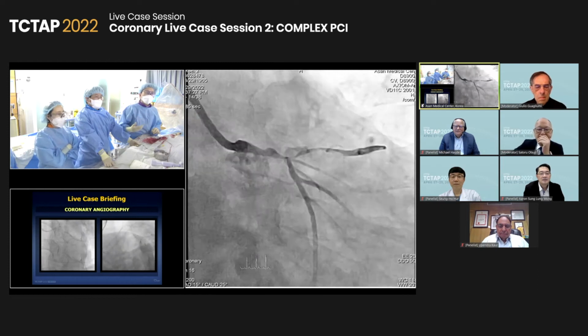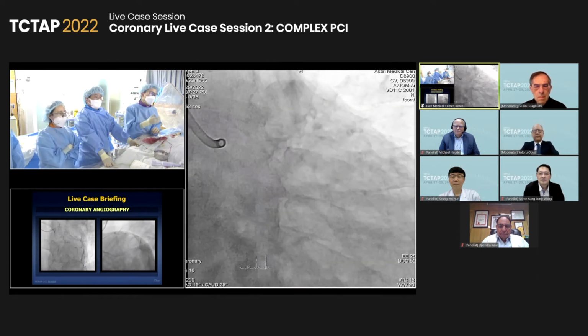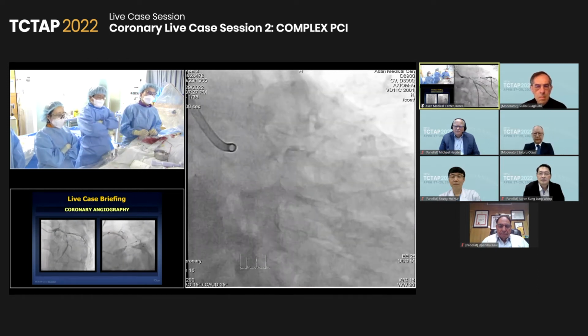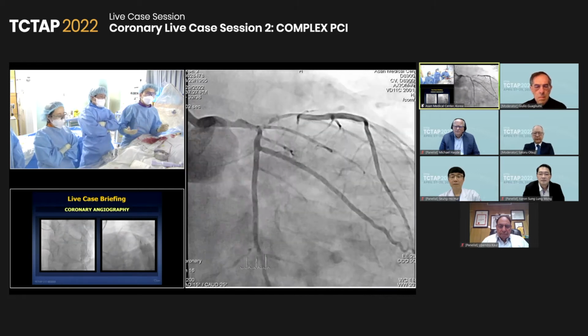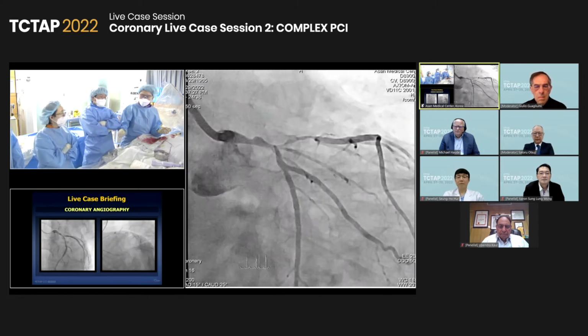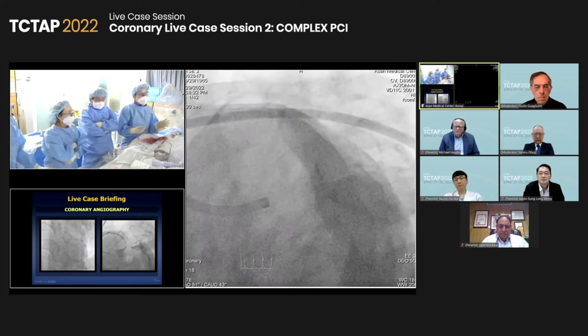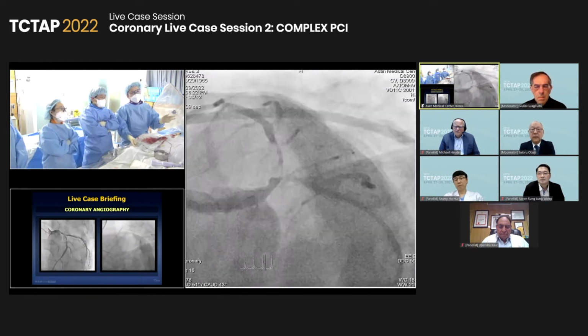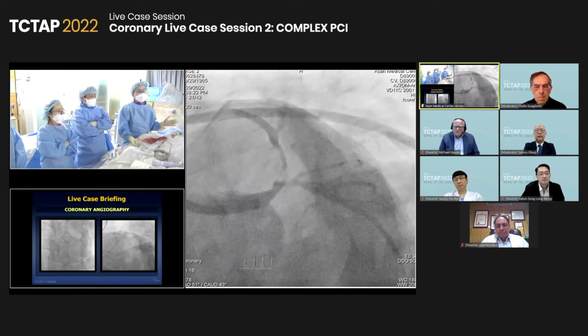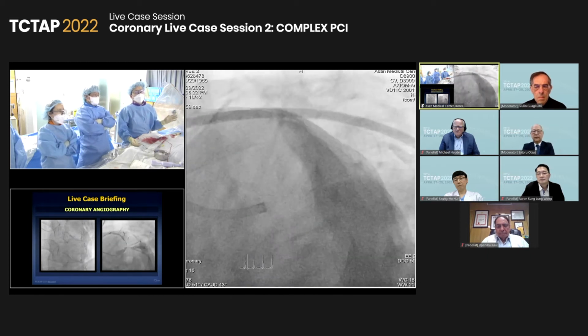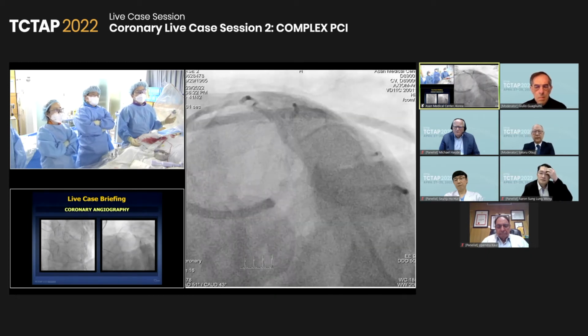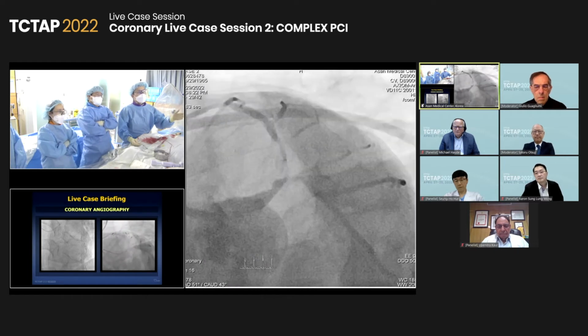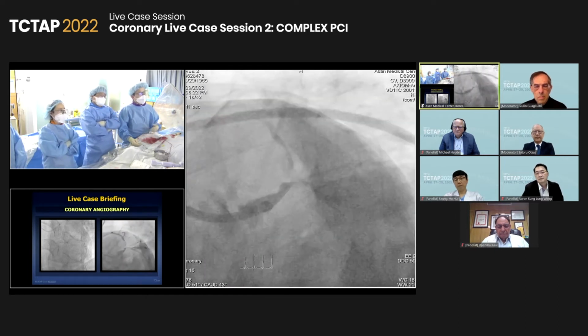The importance of intravascular ultrasound for left main bifurcation PCI cannot be emphasized enough. Because there was some collateral flow from RCA to LAD, the patient was very stable during the angiography and during the wiring. It's a very fortunate thing.